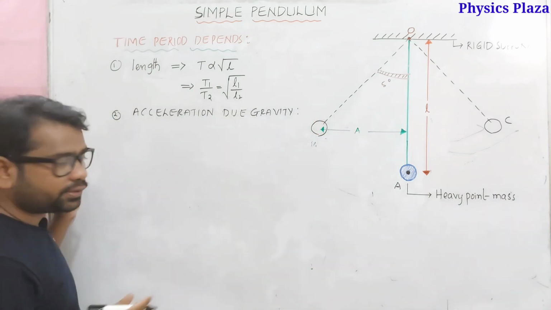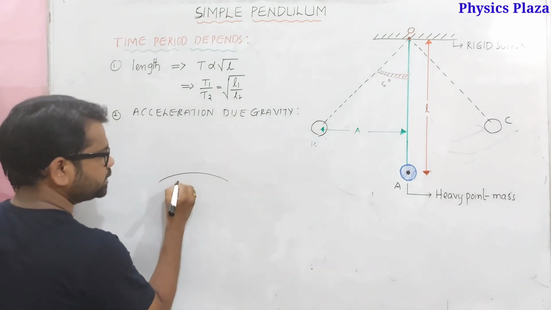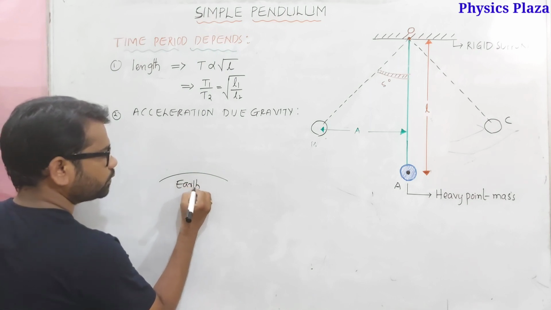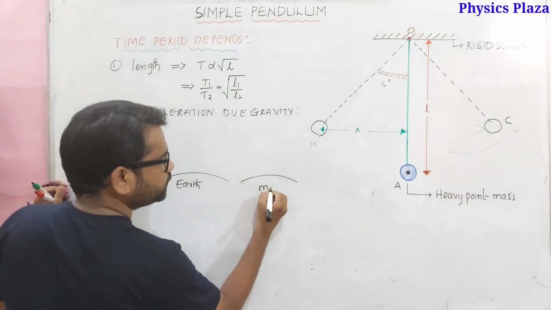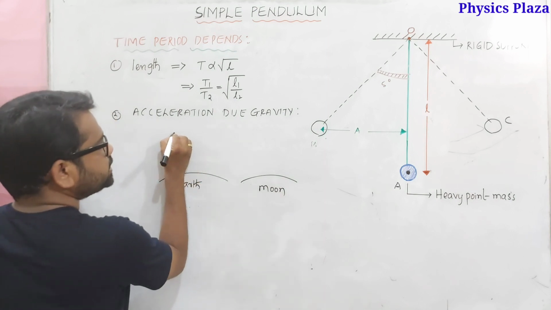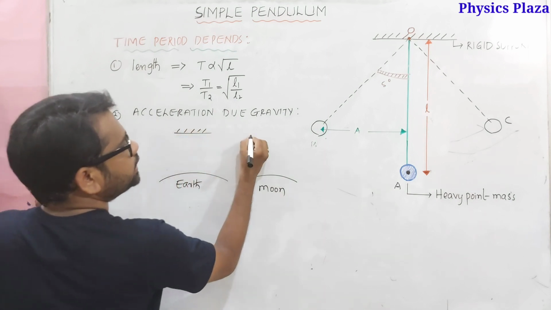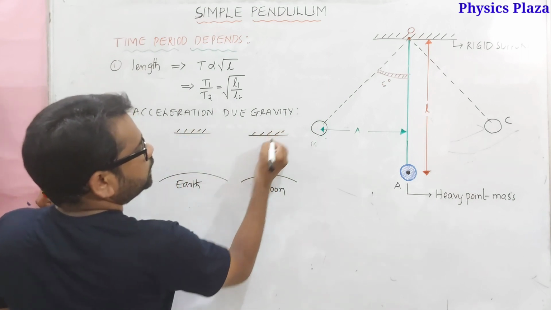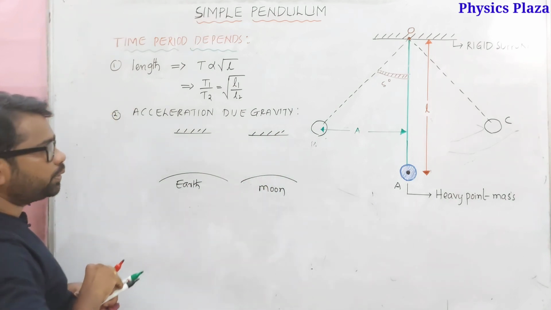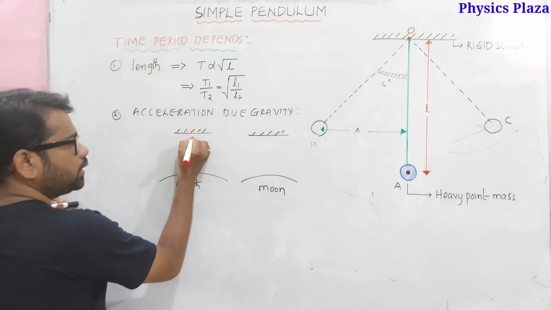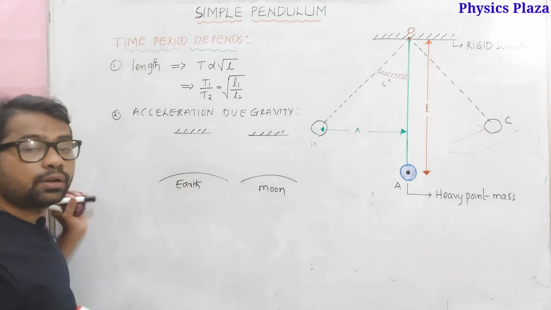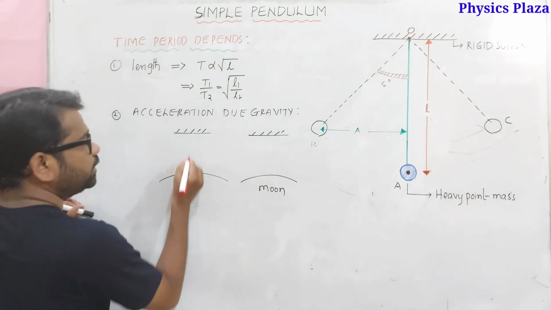Children, to understand this, let us for example consider the earth surface and here is the moon surface. Let us take two identical simple pendulums. Identical simple pendulum in the sense, children, both should have the same effective length.